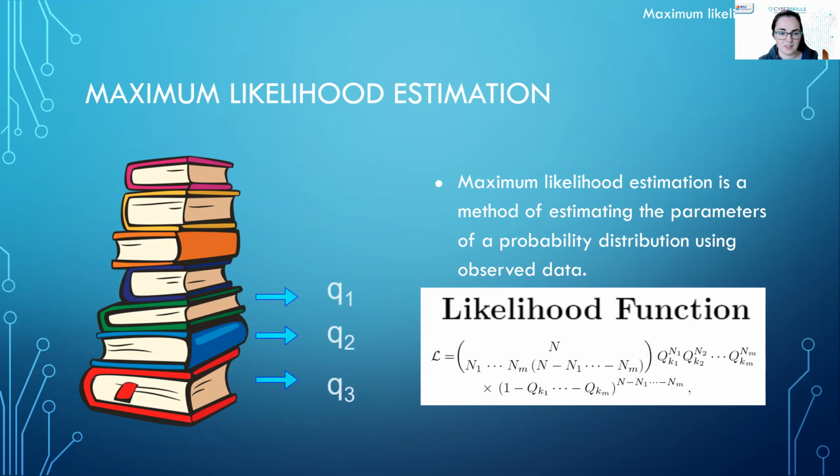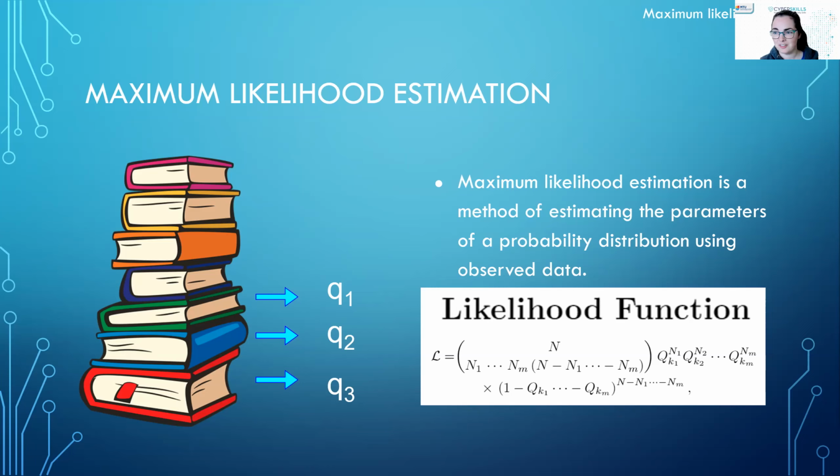In our case, parameters are basically weightings that are assigned to the different dictionaries. So this is our likelihood function here. And we are trying to choose different Q values to give us the maximum likelihood function value.